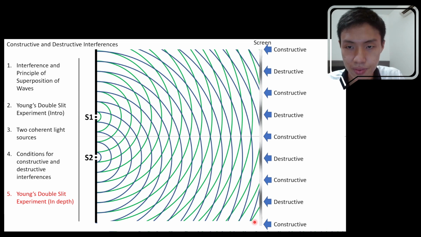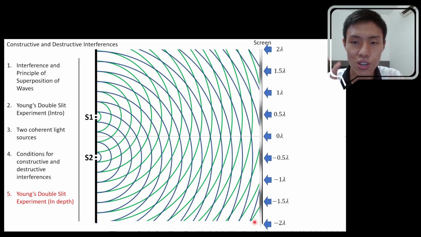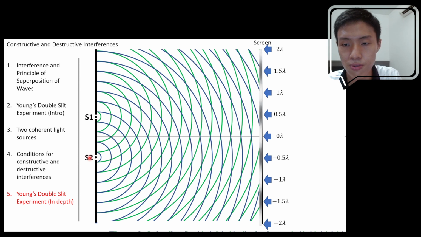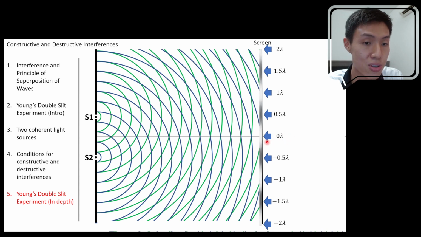If you want to think about it in terms of path difference, of course at the central, the distance from S1 to central and the distance from S2 to central should be equidistant, right? Because it's in the middle. So this one is 0 lambda for its path difference. Then moving on to the destructive, you get 0.5 lambda. R2 minus R1 is 0.5 lambda.